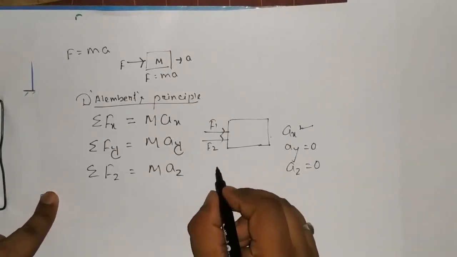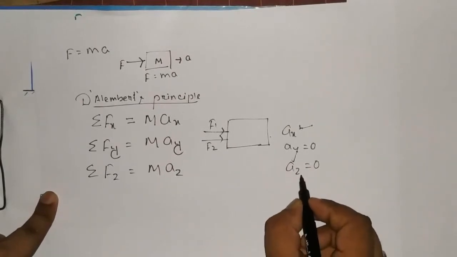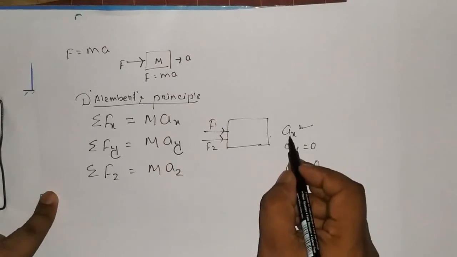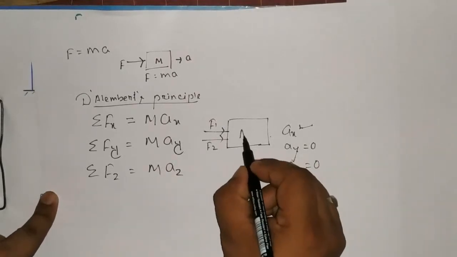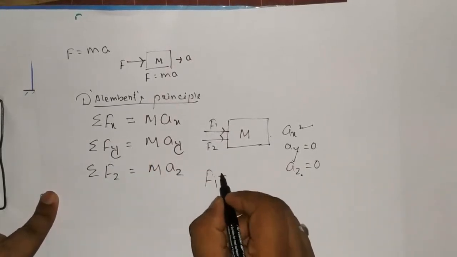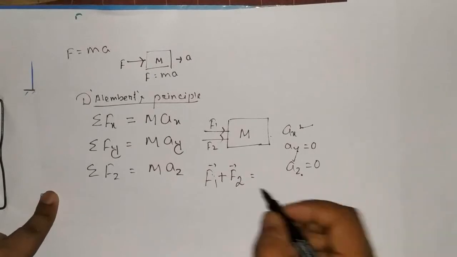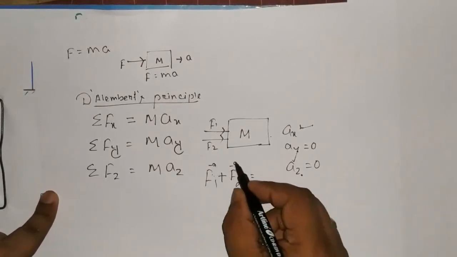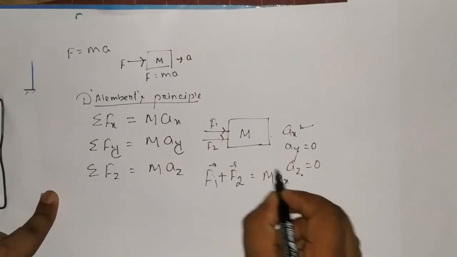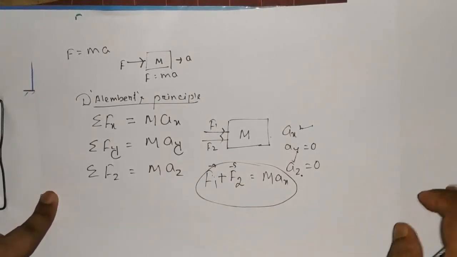So summation of Fy will be 0, Fz will be 0, because ay, az is 0. Only the x component exists. If body mass is m, then I will write summation of Fx, means F1 plus F2 in vector, is nothing but equal to m ax. Today we will apply this concept.